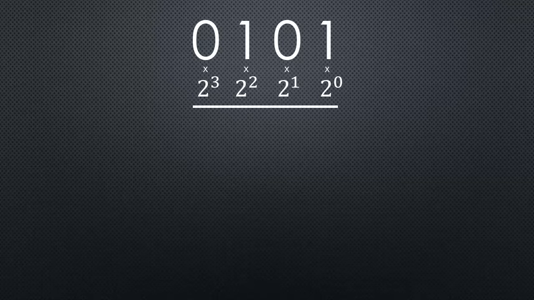How does it do that? Well, it's math. Looking from right to left, each digit is associated with 2 to the something power. So 2 to the 0 power is 1. 2 to the first power is 2. 2 to the second power is 4. 2 to the third is 8. And so then we multiply these values. Now 0 times anything is 0, so we end up with 1 plus 0 plus 4 plus 0.